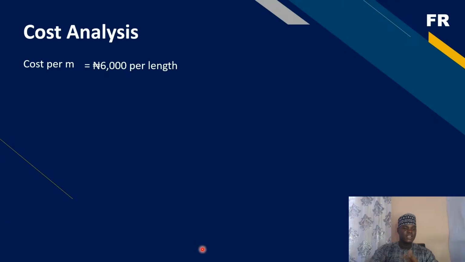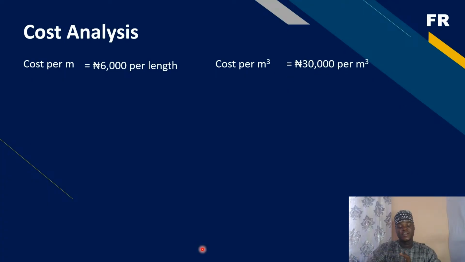Let's take that a 12 mm bar is 6,000 naira per length. And then the cost of concrete. So let's assume a standard strength of concrete of 20. One meter cube of concrete today should cost around 30,000 naira per meter cube. This is just from our assumed value. It is not the actual market representation. It can be slightly higher.